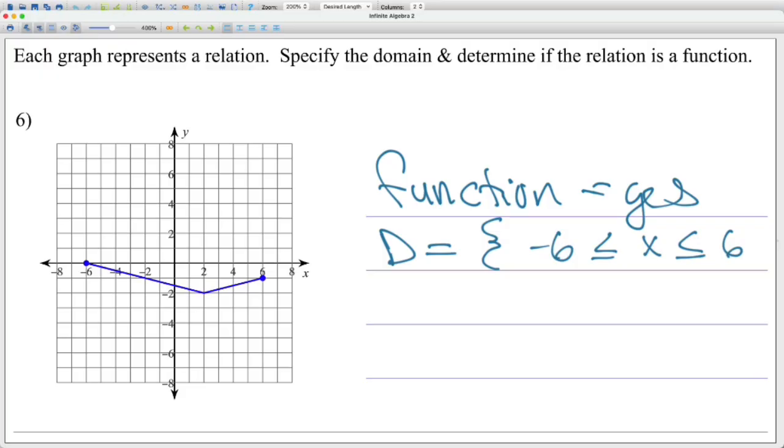This says that x is bigger than -6, right? But it's also smaller than 6. That is exactly right, JD. Good job. All right, let's go to another one.